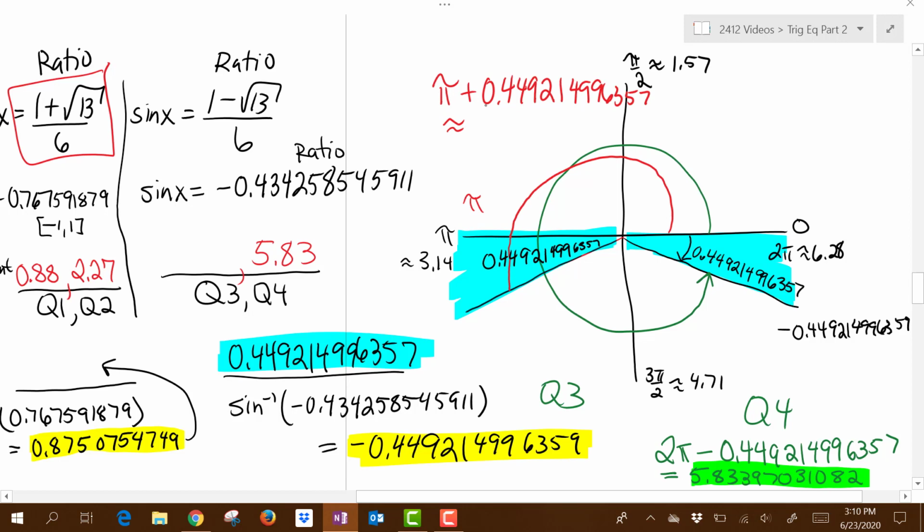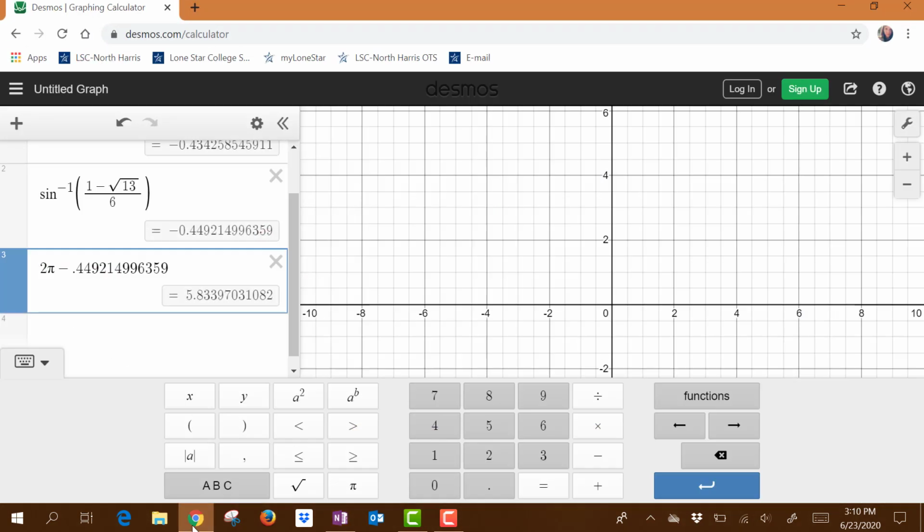Let's put that into Desmos, into our calculator, and see what we get. In my calculator I have pi plus that reference angle, and I get about 3.59 and so on.